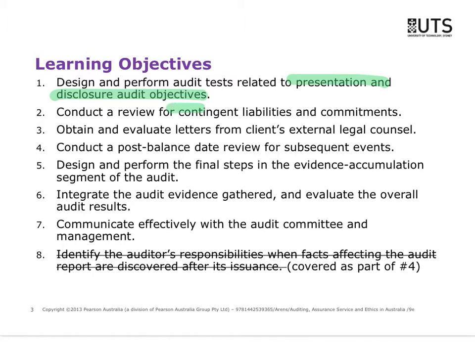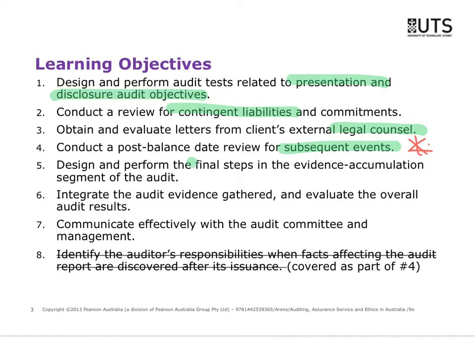We're going to look at contingent liabilities, because that's often an important disclosure. We're going to look at what sort of discussion we need to have with solicitors. We're going to look at subsequent events. Now that one is a key issue. So out of all of the topics of today, that one's probably the hardest one to get your head around, but there's a whole lot of materials to help you with that.